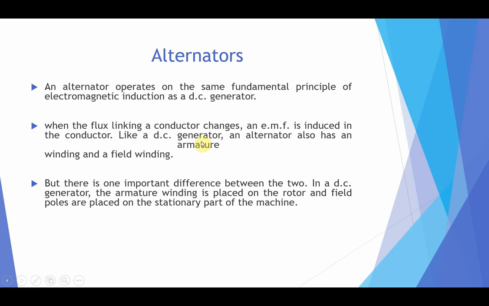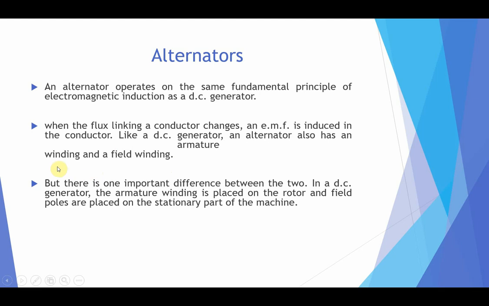Like a DC generator, an alternator also has an armature winding and a field winding. Alternators have two basic parts, two important parts. One is armature winding and the other is field winding. And we all know when the flux linking a conductor changes, an EMF is induced in the conductor.